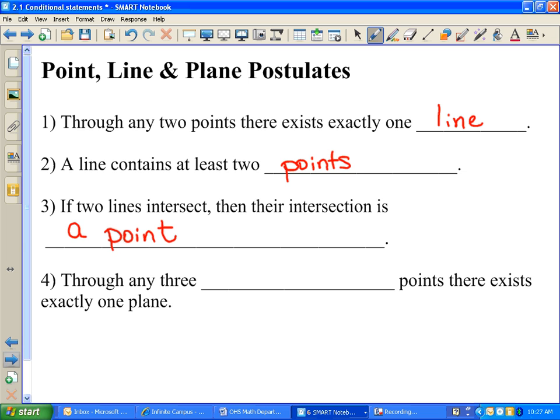Okay, this is postulate 8, but through any 3 blank kind of points, so it's describing 3 types of points, there exists... non-coplanar, or excuse me, non-collinear. But a good guess. All right, so through any 3 non-collinear points, there exists exactly one plane.